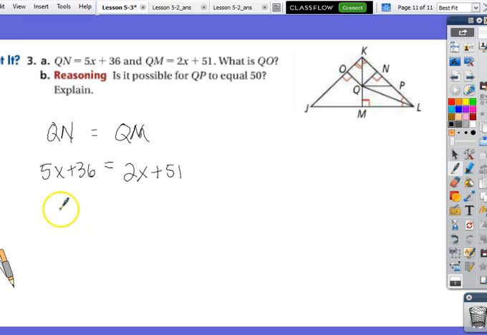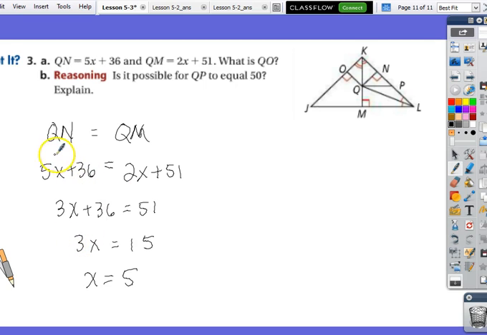And so we'll subtract 2x from both sides. Then we'll subtract 36 from both sides. So that leaves us with 15. So x is equal to 5.